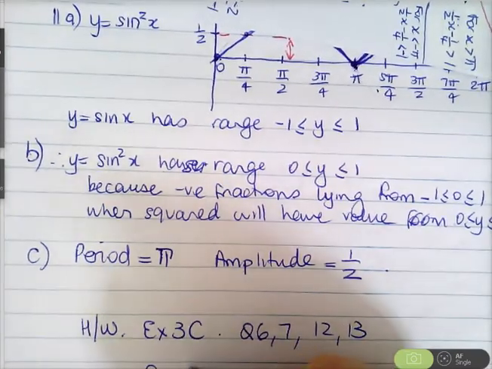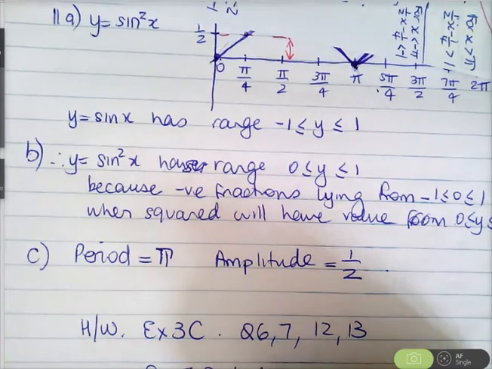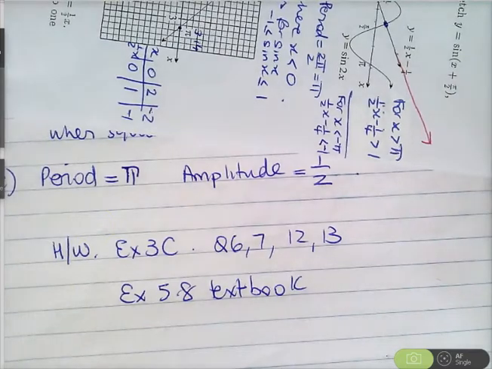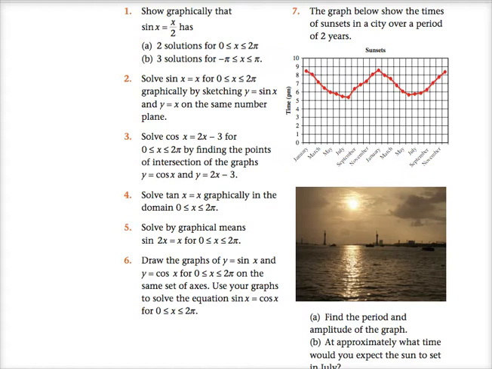And then in exercise 5.8 from the textbook, we're just going to do a couple from there. So exercise 5.8 from the textbook, I'll just pull that up now. I'll get you to do question 4, question 6 and question 7.